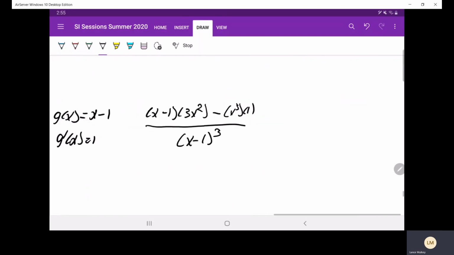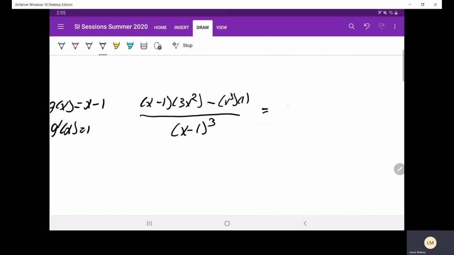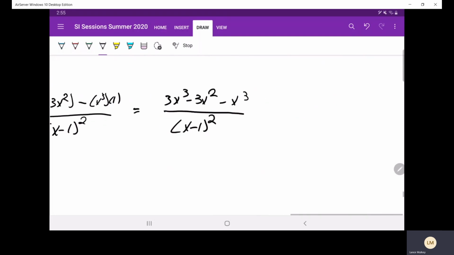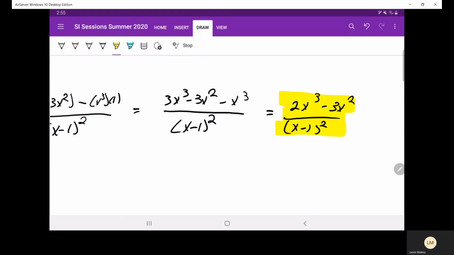Leave the bottom factored, equals 3x cubed minus 3x squared minus x cubed all over x minus 1 squared, equals 2x cubed minus 3x squared over x minus 1 squared. That's how I leave my answer usually.